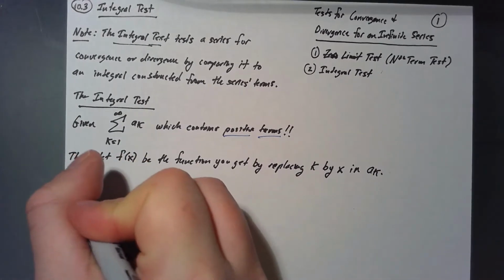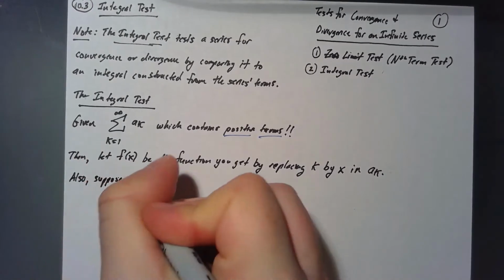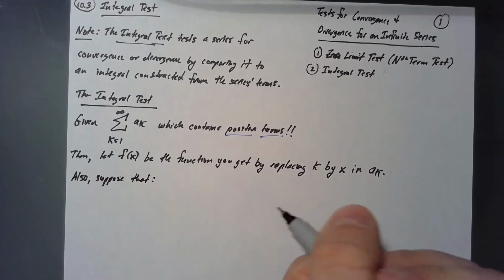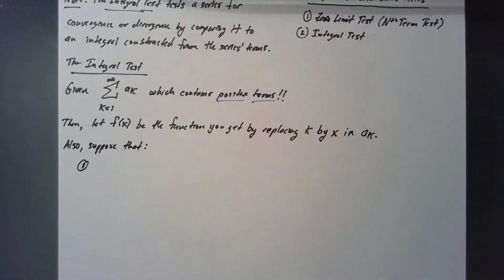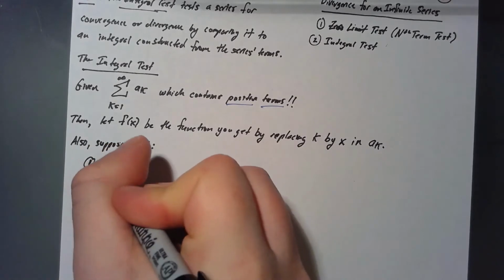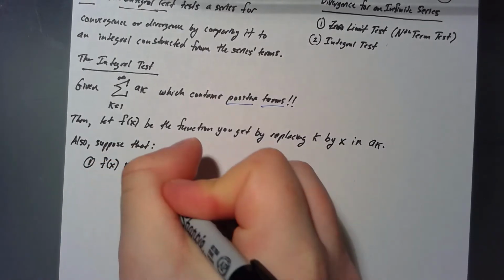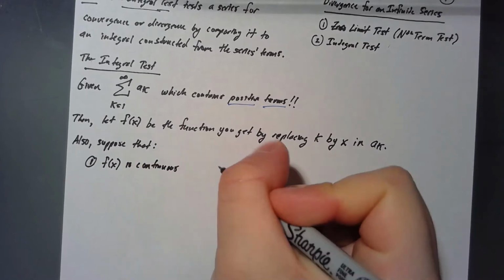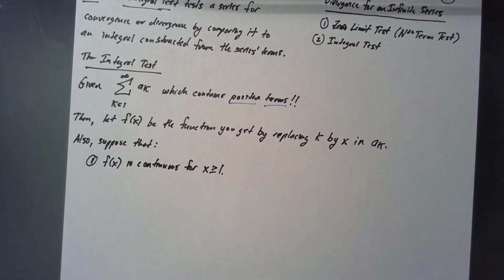Also, suppose that the following are also true. F of x is continuous for x greater than or equal to 1.